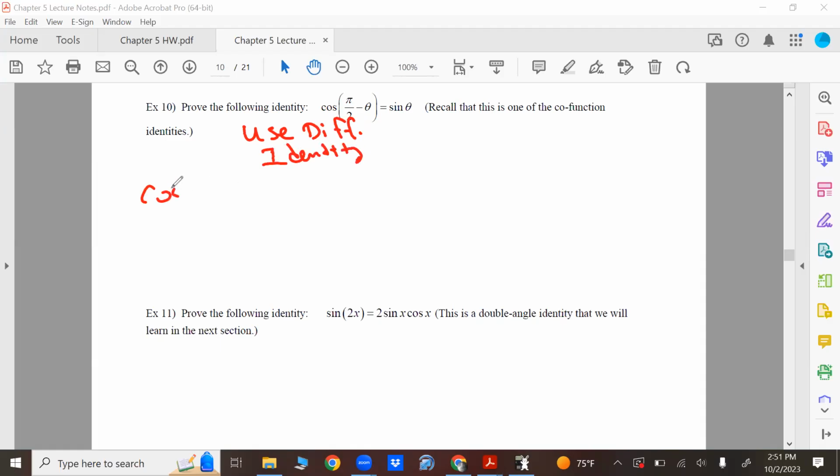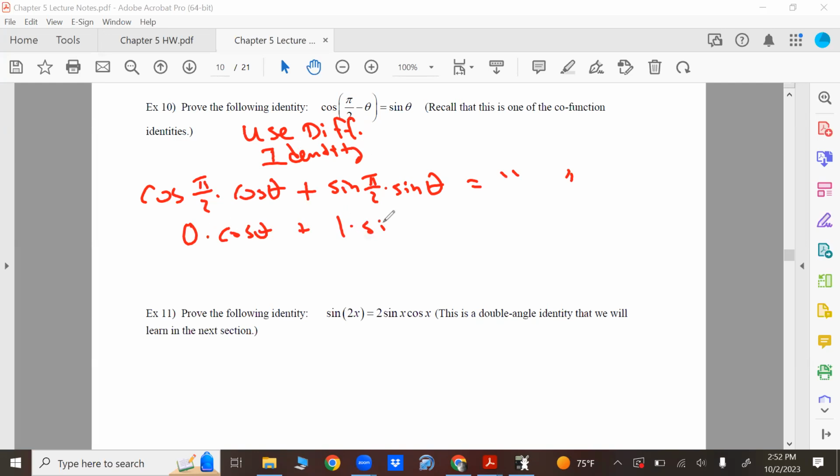So we're going to do cosine of pi/2 times cosine theta plus, that's the opposite, sine of pi/2 times sine theta equals the other side. What's cosine of pi/2? 0. What's sine of pi/2? 1. Is it verified? You bet.